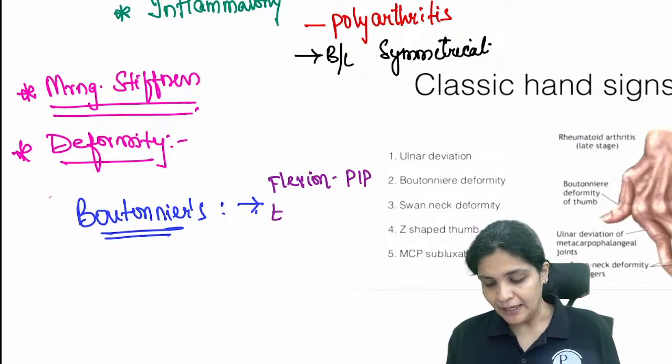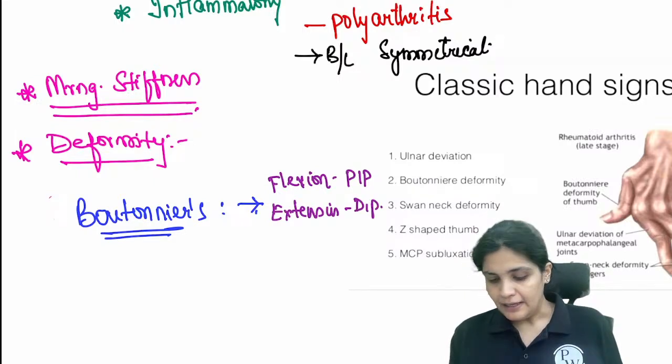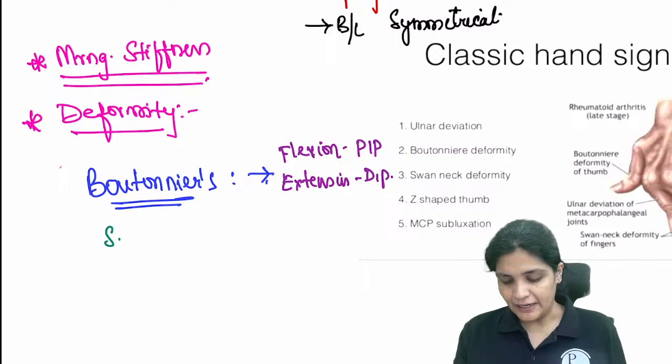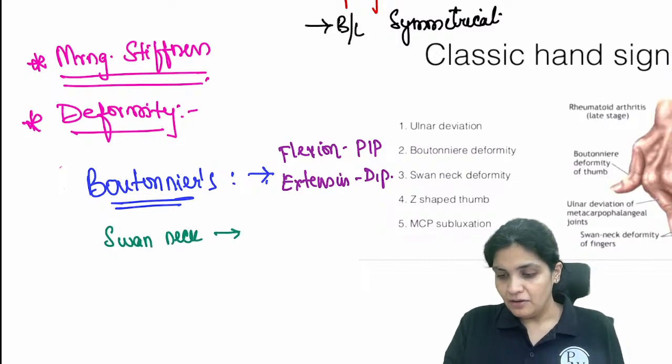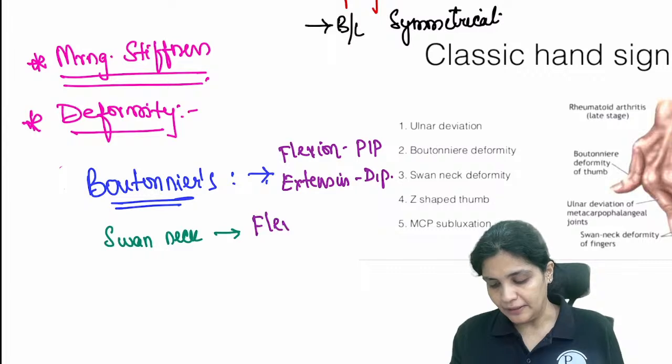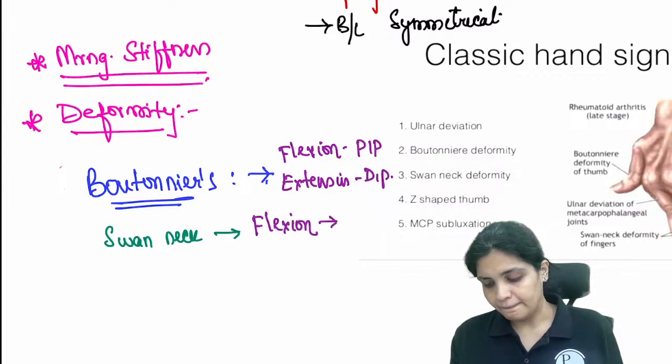Flexion in the PIP and extension of the DIP. And similarly, what you remember, the second one is your swan neck deformity. Swan neck is flexion in the DIP and extension of the PIP.